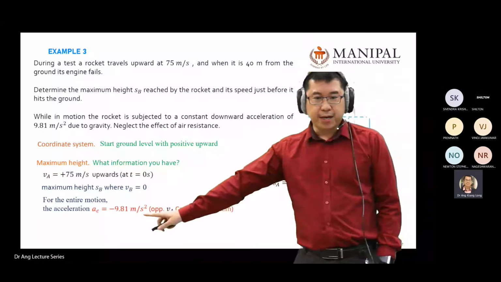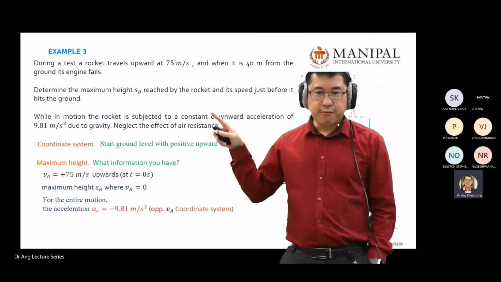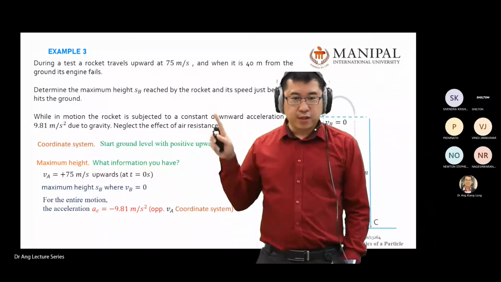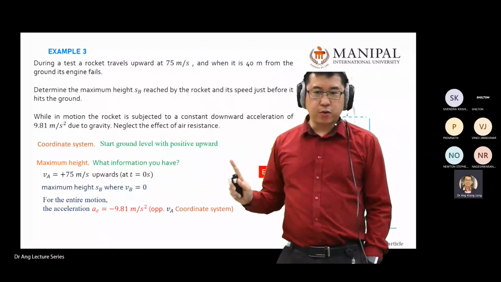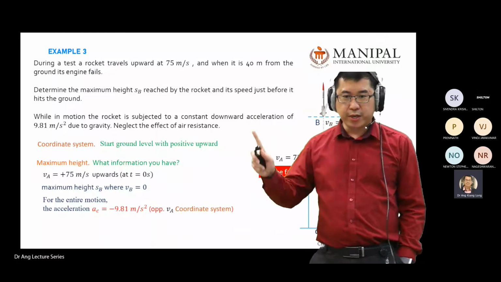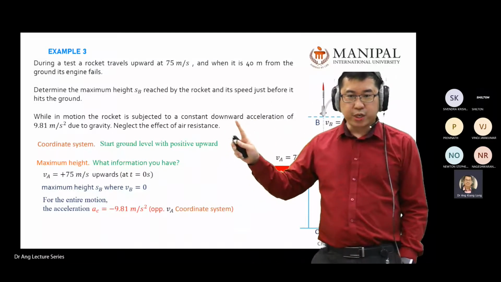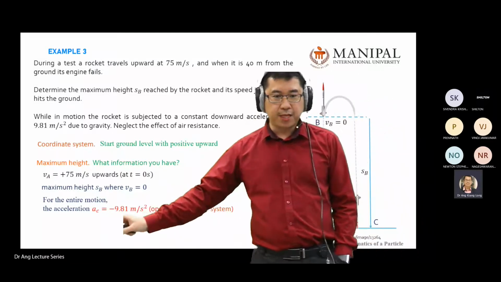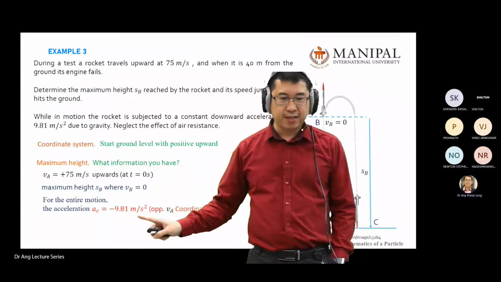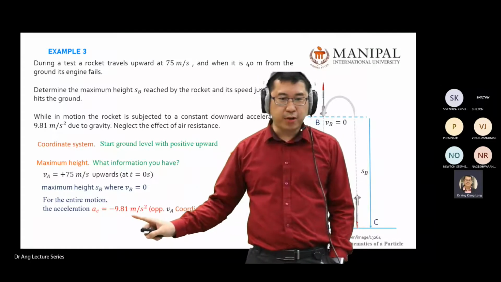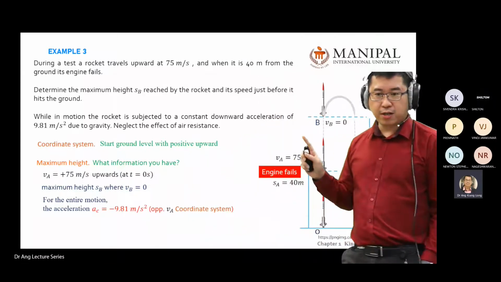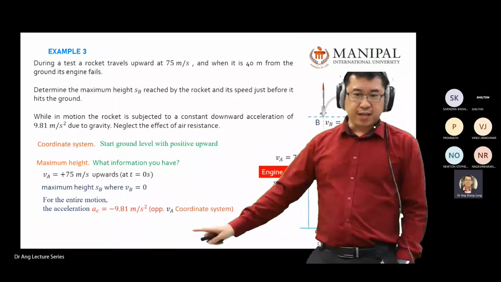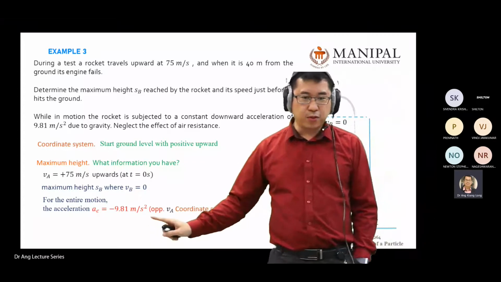And remember, read carefully. The question purposely mentions downward for you, downward acceleration. We know that all the directions going up are positive, and the question mentions downward, which means remember to put a negative sign for your acceleration, especially when you deal with gravity. Again, put a special note in your personal notes.